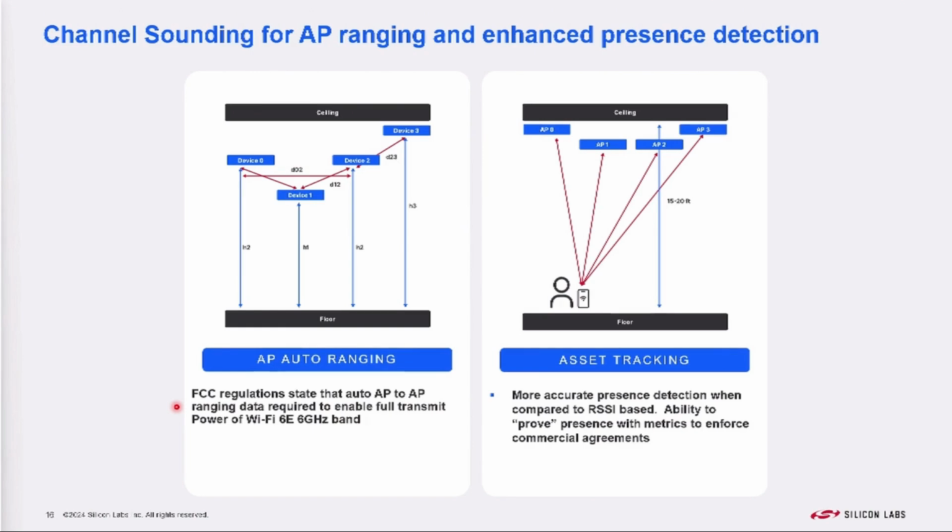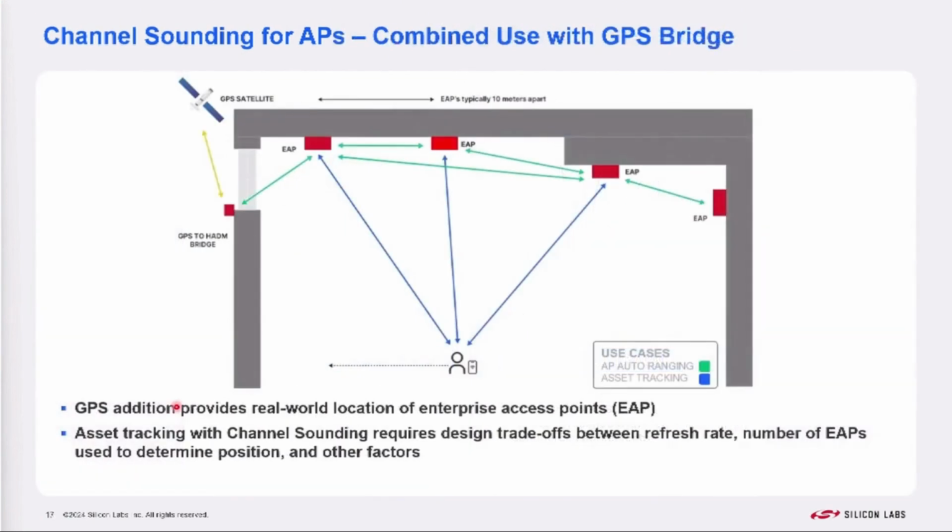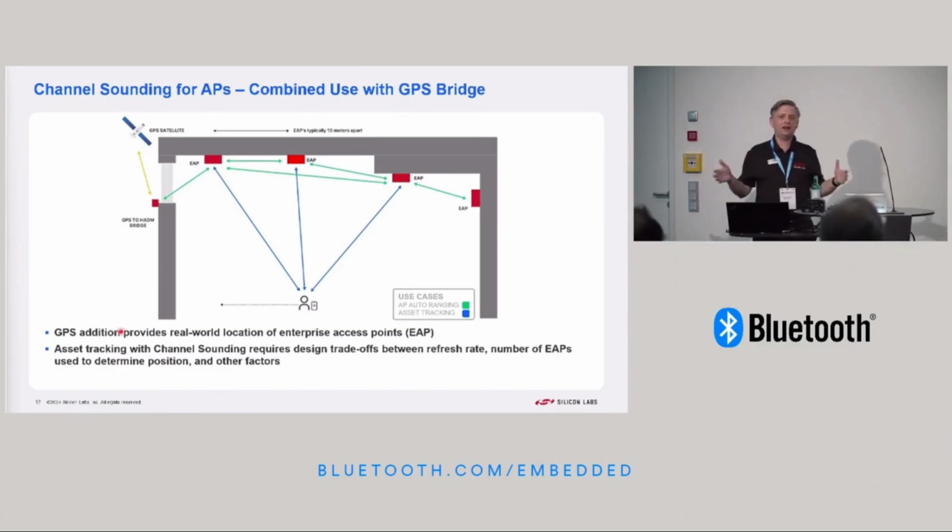So this is a case where you can deploy channel sounding to do a number of things. It solves a number of problems at once. And then to add just one more layer to that, if you build out a system that also has a connection to GPS data, you can then create a system that has absolute location tracking of assets inside an indoor space, where the GPS coordinates are locking a collection of enterprise access points to a place on Earth, and then those items can be tracked within that space.